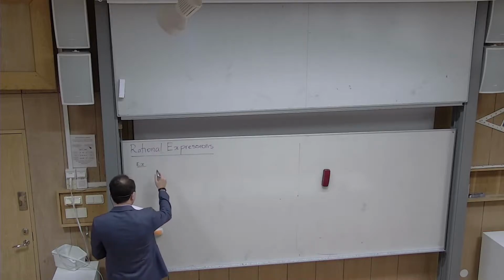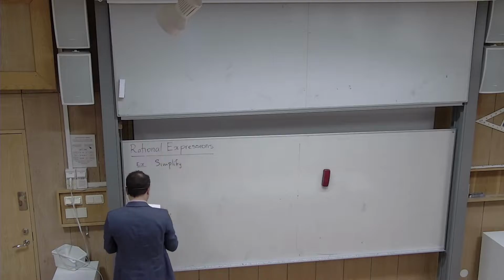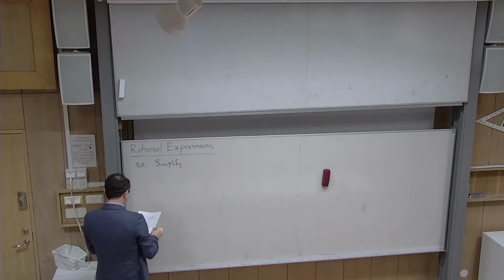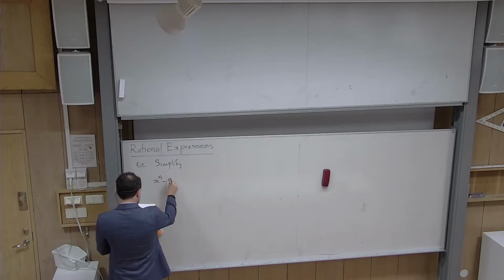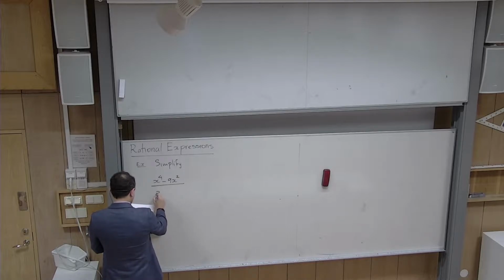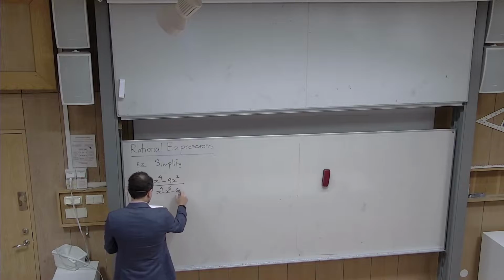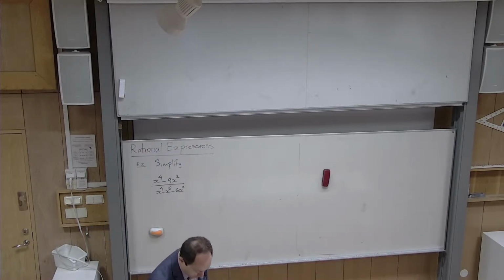So simplify, for example, number 4. Let me start from here: x to the 4 minus 9x squared divided by x to the 4 minus x to the power of 3 minus 6x squared. So I want to simplify this rational expression.